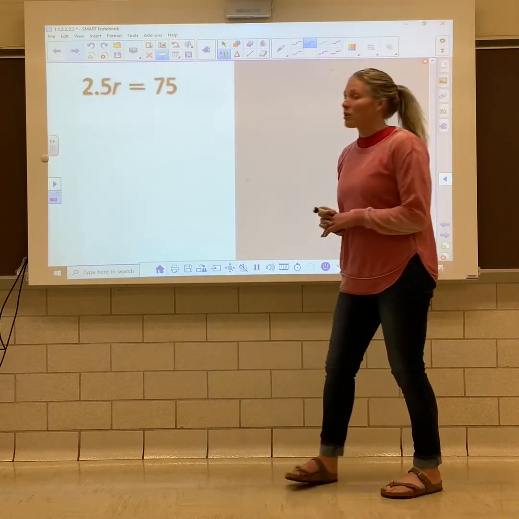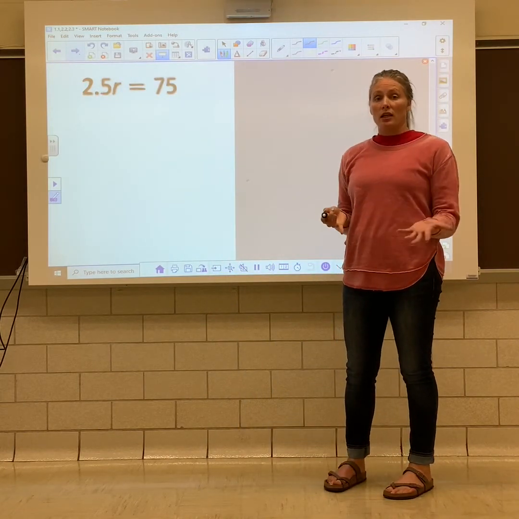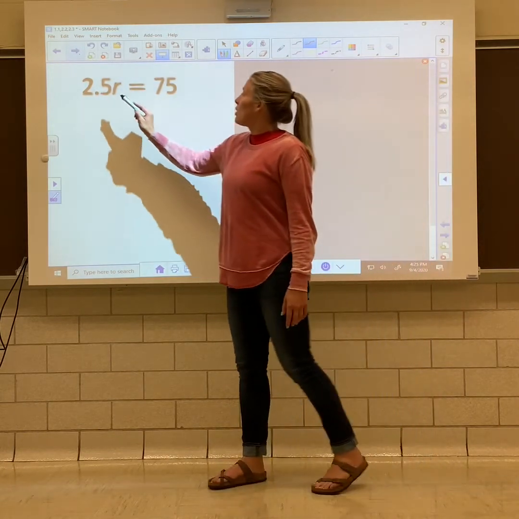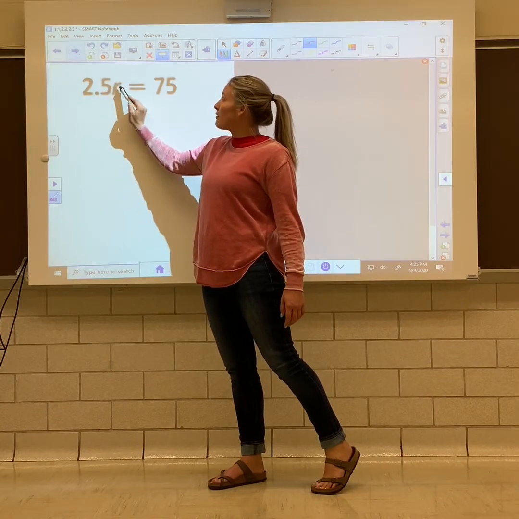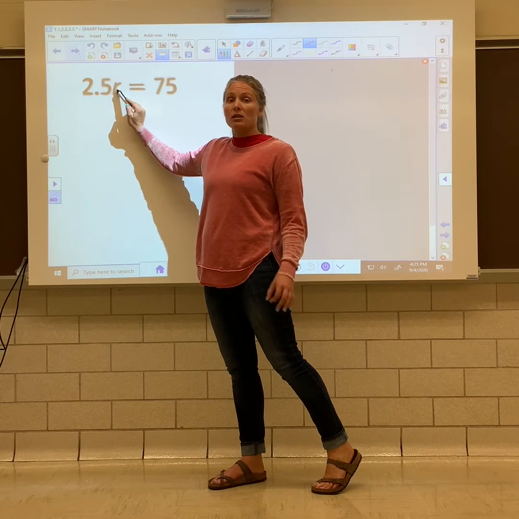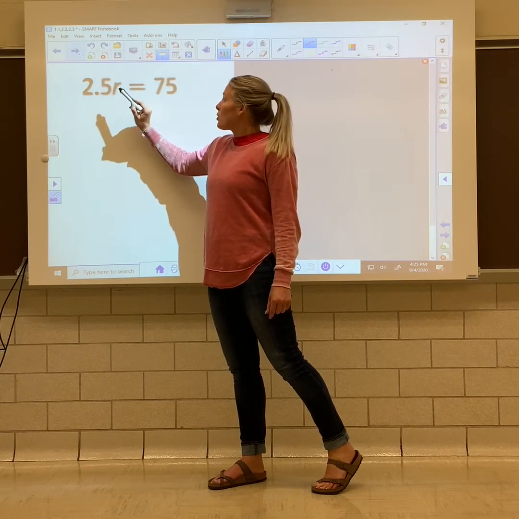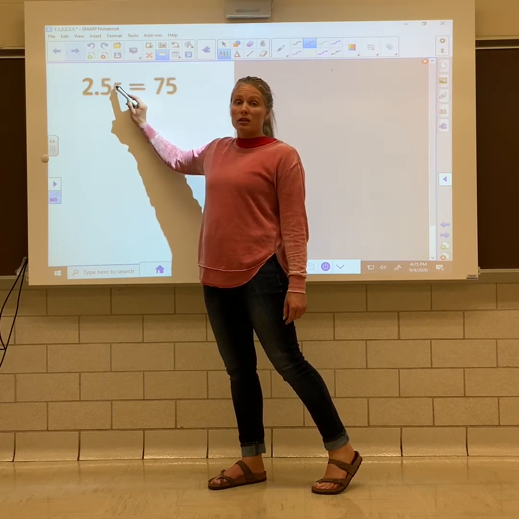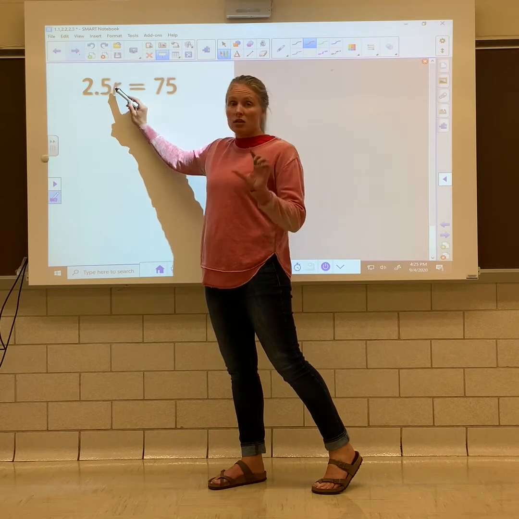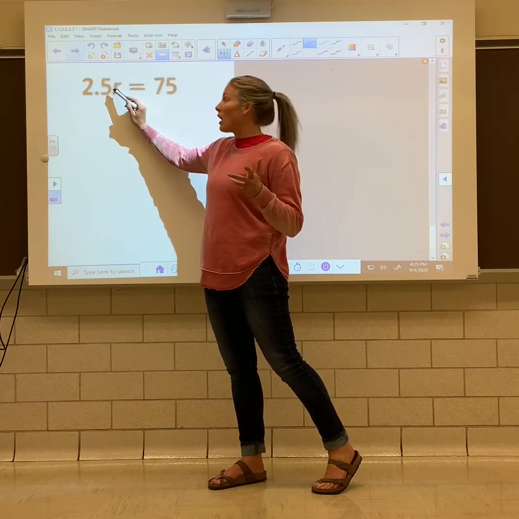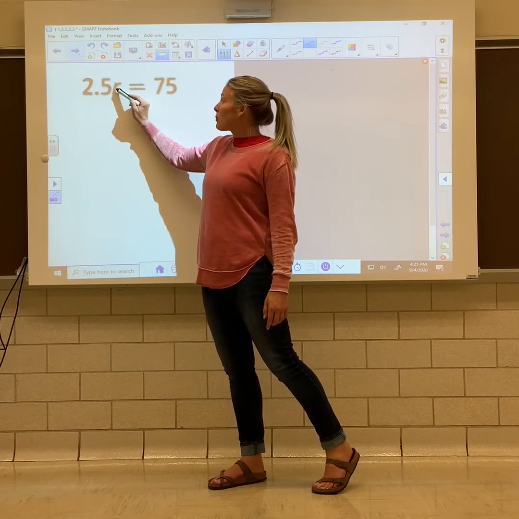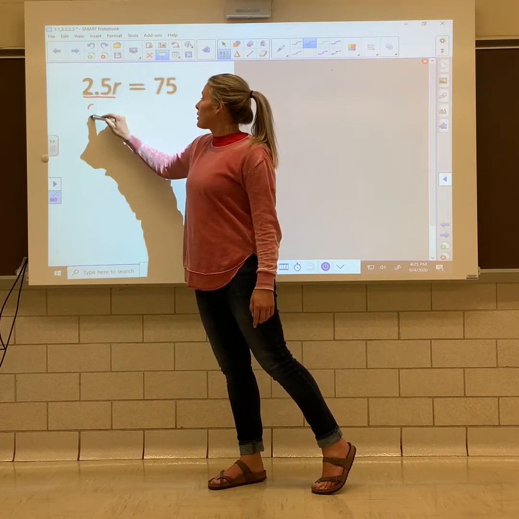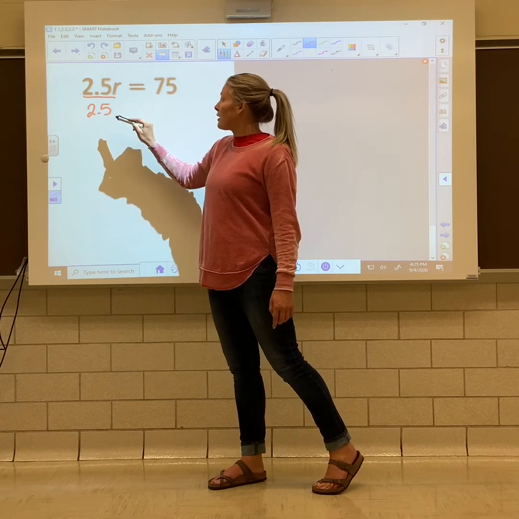This time we're going to look at multiplication and division. Remember, when a decimal or a number is right beside a variable, that represents multiplication. So in order to isolate the r, to get it all by itself, I need to use the inverse operation, undo one another. So since 2.5 is multiplying r, I'm going to do the opposite and divide.